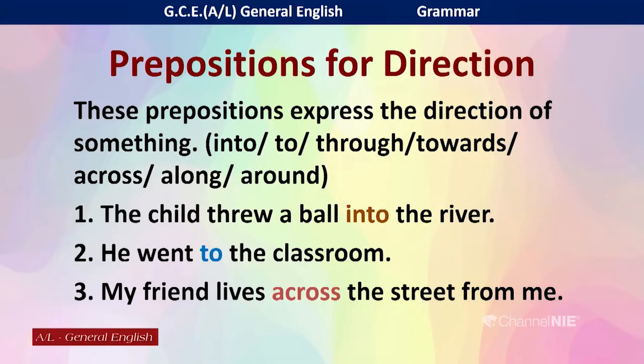There are some prepositions for you: into, to, through, towards, across, along and around. There are many more prepositions for direction, but I have included only some of them here.